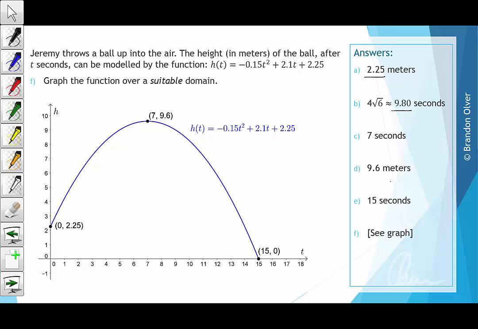We know that it reached a maximum of 9.6 meters after 7 seconds of flight. We also found that the ball reached the ground after 15 seconds of time travelling through the air. And for part F, if you refer to this graph, that's the function over a suitable domain.